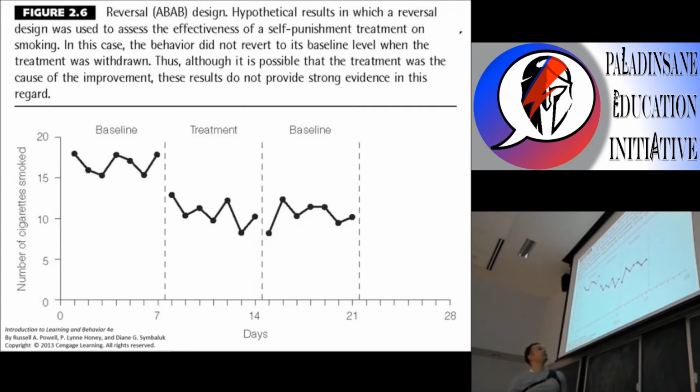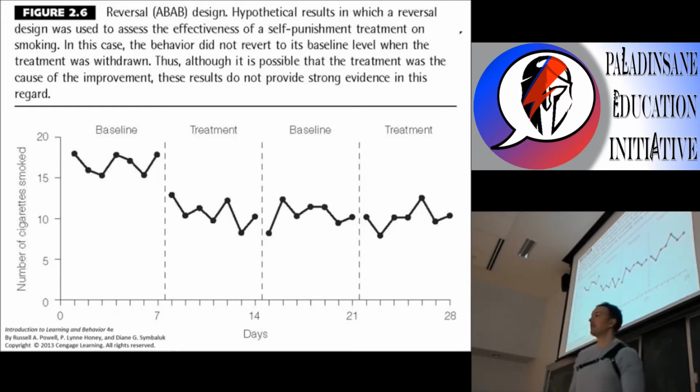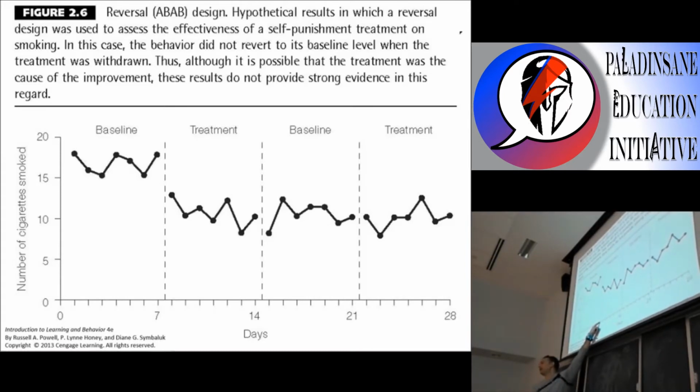So as a psychologist, number one, you wouldn't return to treatment because your treatment is ineffective. Number two, you would start investigating and asking them, hey, what happened right about here? So that you can find what is motivating their change and develop a treatment based on that. So if they say something like, oh, well, I met somebody and they don't like smokers, you might say, all right, well, maybe a self-improvement program will be better for this individual.